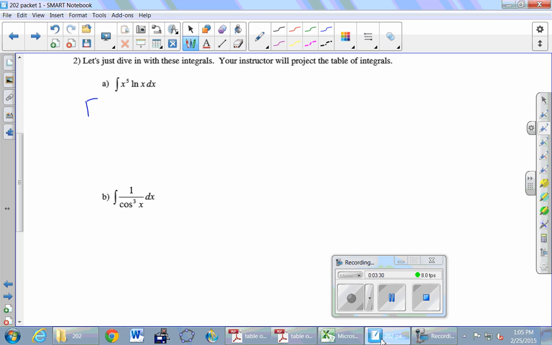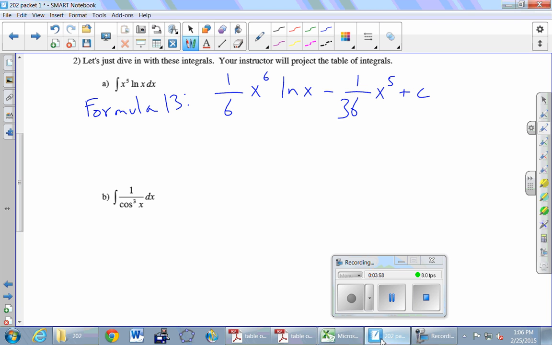Okay, so this is formula 13. I don't have it in front of me, so can somebody tell me what the answer is here? Okay, so 1/6. Can somebody confirm that?